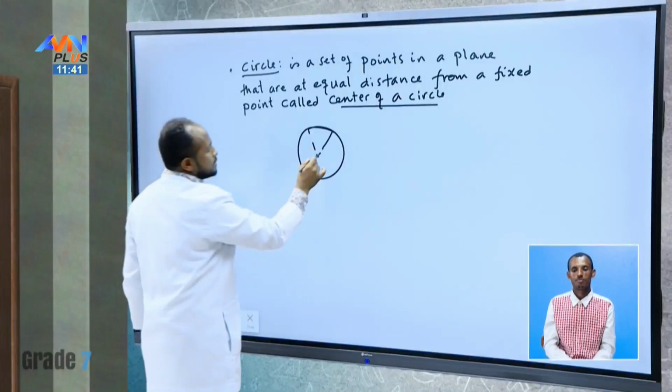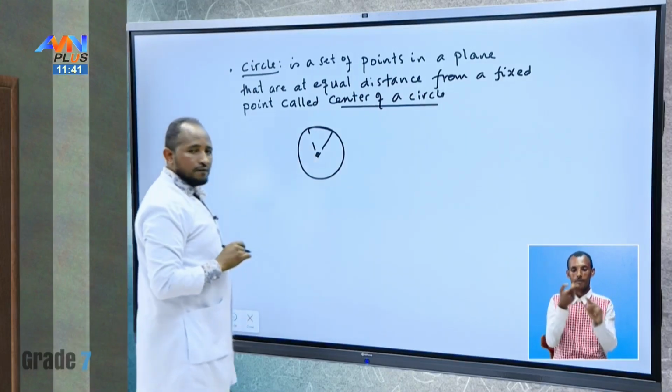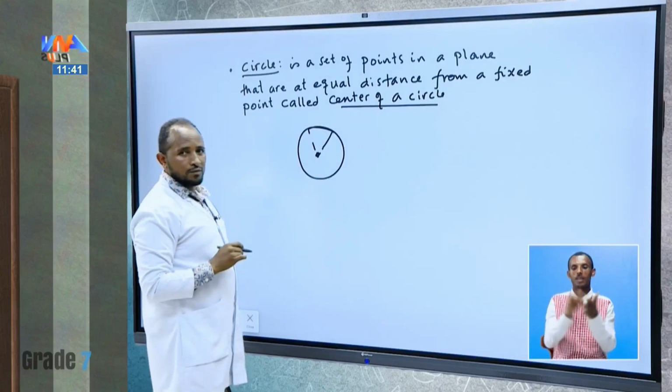So the set of points that are at equal distance from a fixed point is called a circle.